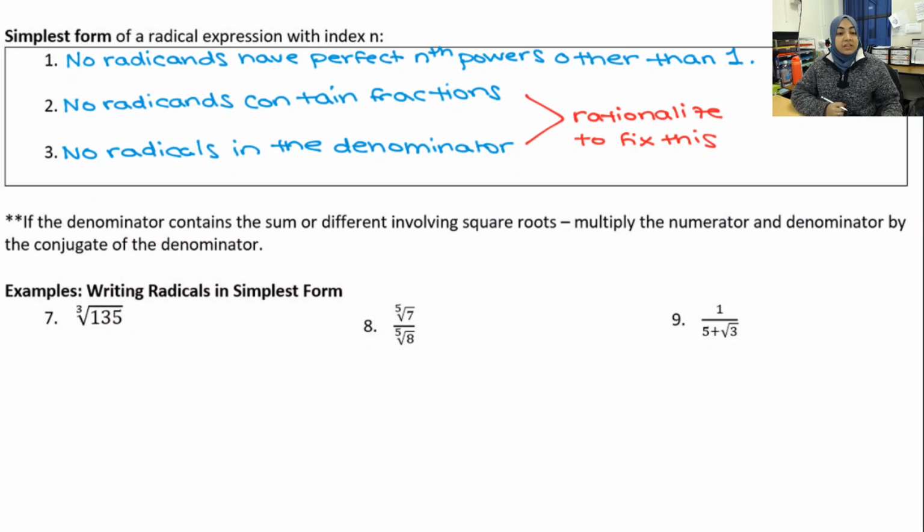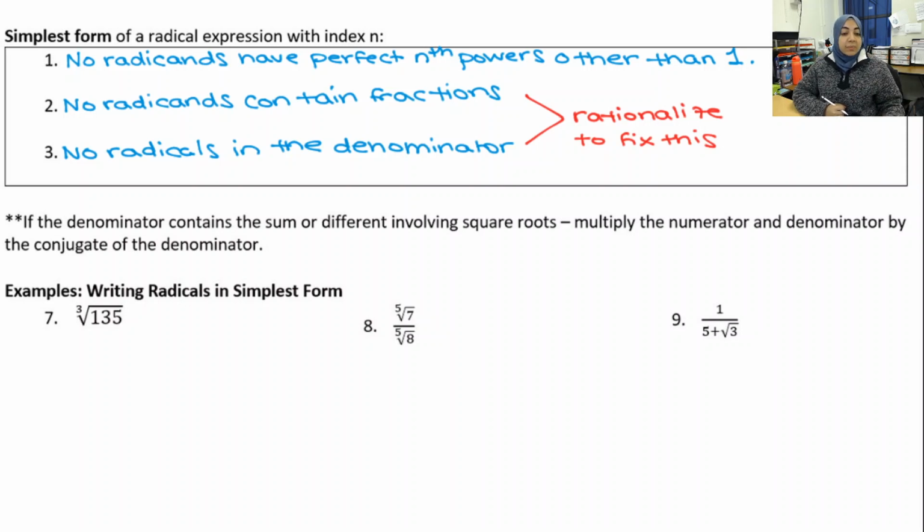Also, it says if the denominator contains the sum or difference involving square roots, multiply the numerator and denominator by the conjugate of the denominator. We talked about conjugates way back when we were learning about imaginary numbers, and then most recently when we talked about the complex conjugate theorem and the irrational conjugate theorem. So that was back in 5.5 and 5.6.